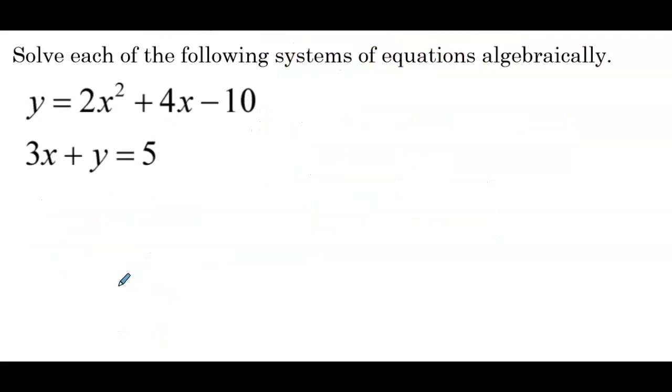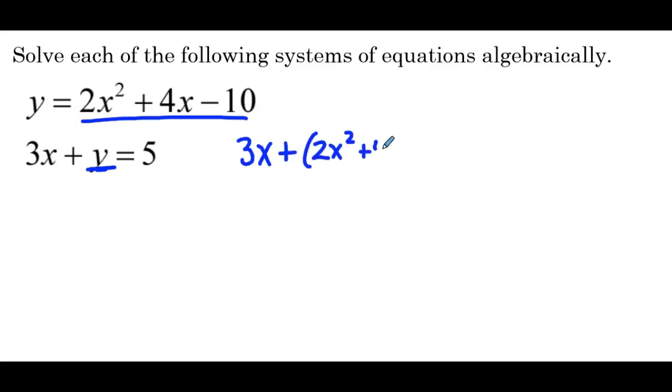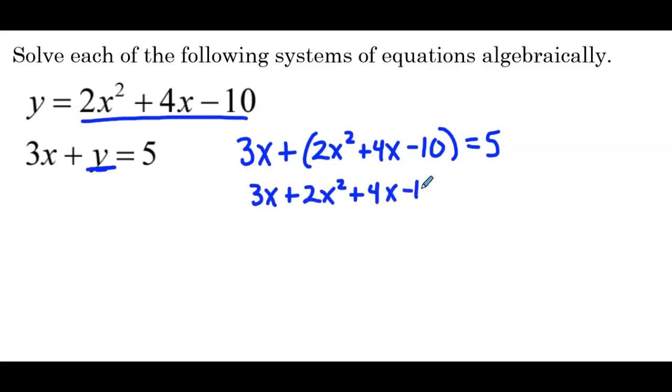Next up, y equals 2x squared plus 4x minus 10, and 3x plus y equals 5. So let's substitute 2x squared plus 4x minus 10 in for y in the second equation. So that's 3x plus 2x squared plus 4x minus 10 equals 5.